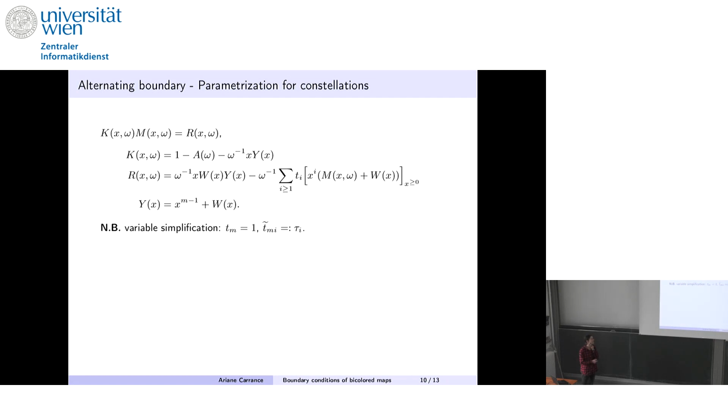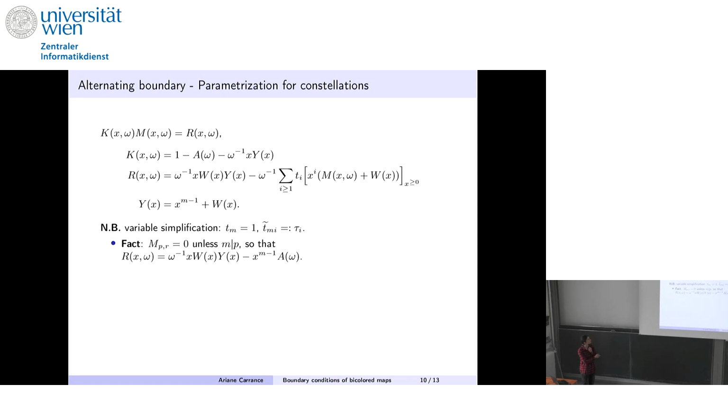We can have fewer variables for the white faces, and for the black faces, since they're all of degree m, this variable is redundant with the vertex variable and the ones for the white faces, so we just set it to 1. And one very important observation is that the monochromatic part of the boundary has necessarily to be a multiple of m.